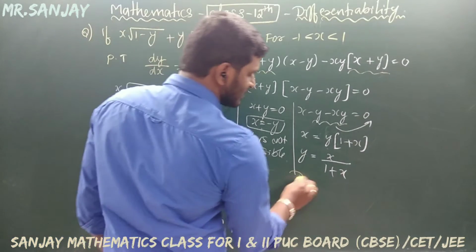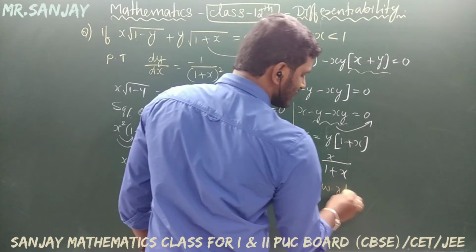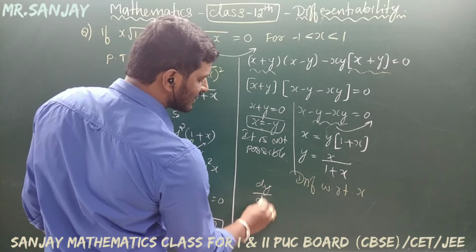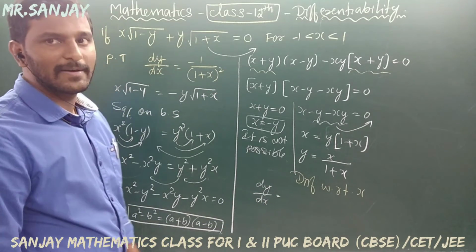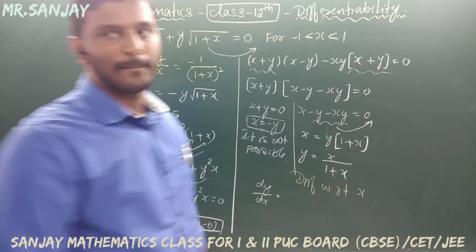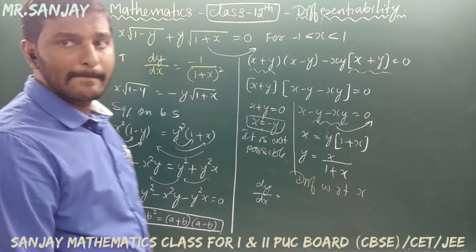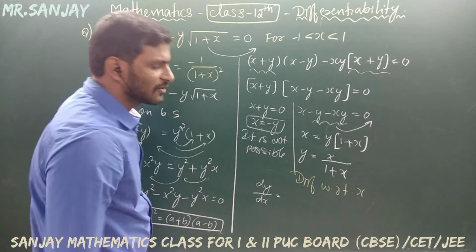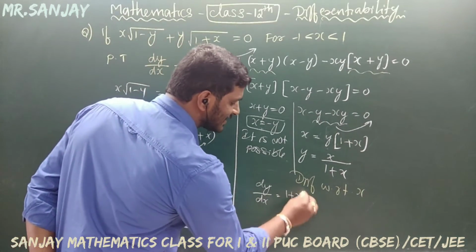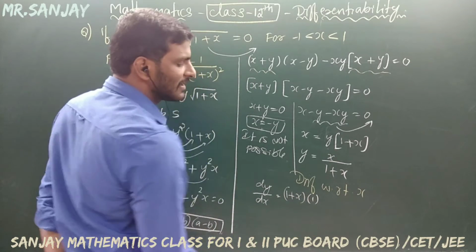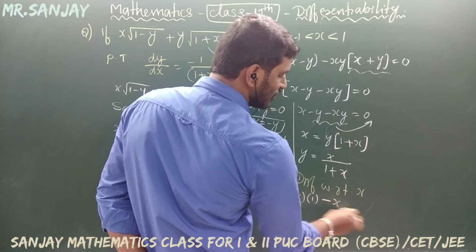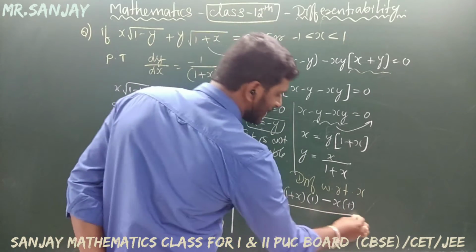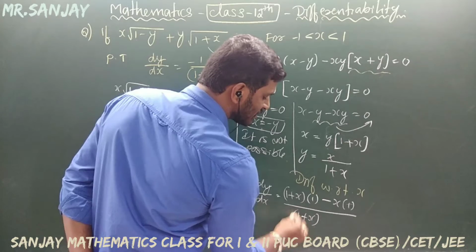Now differentiate the function with respect to x. We get dy by dx. Which method do we need to apply here? Is it product rule or quotient rule? Yes, the denominator is always the first function, quotient rule. 1 plus x as it is, differentiation of numerator is 1, minus numerator as it is, differentiation of denominator, again 1, divided by denominator the whole square.